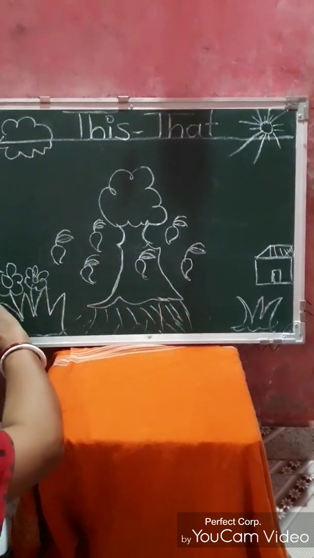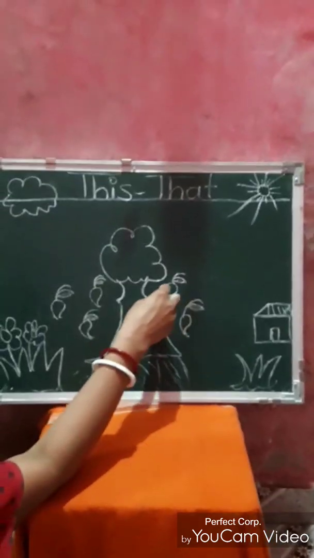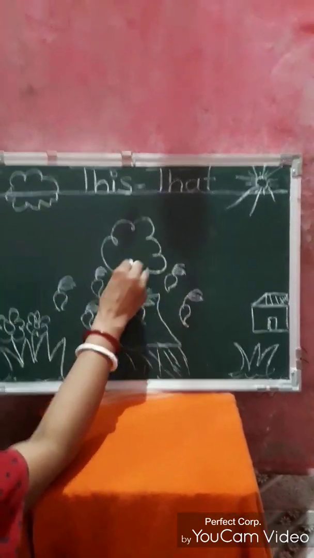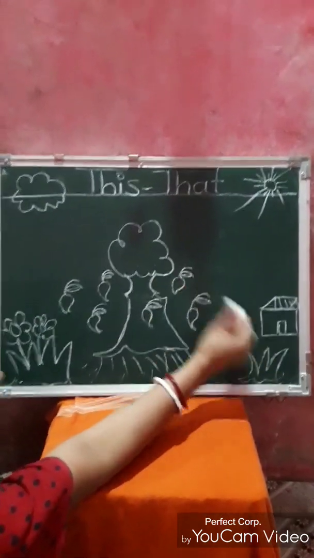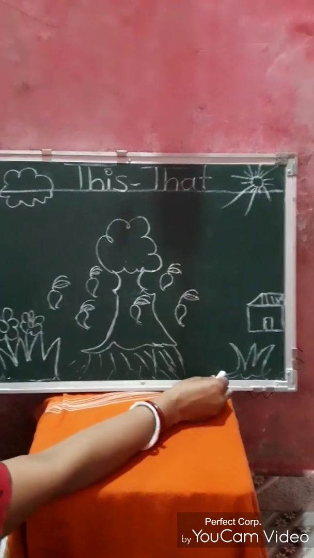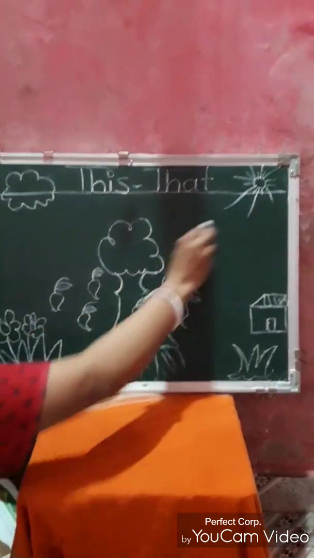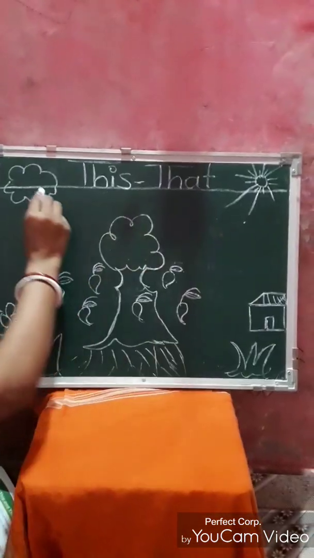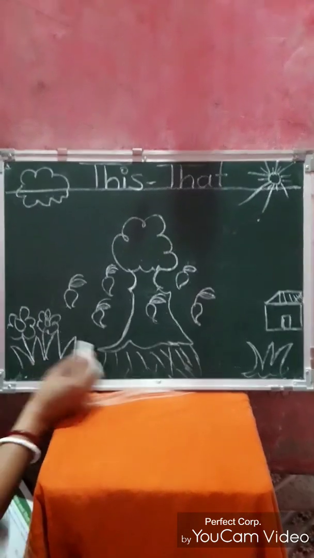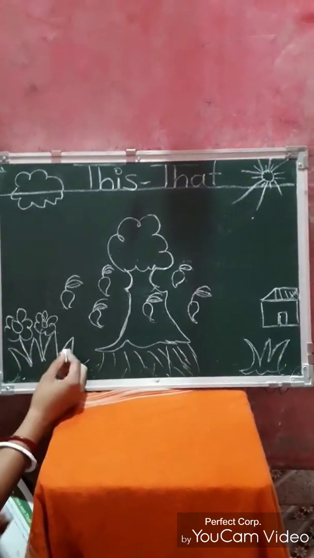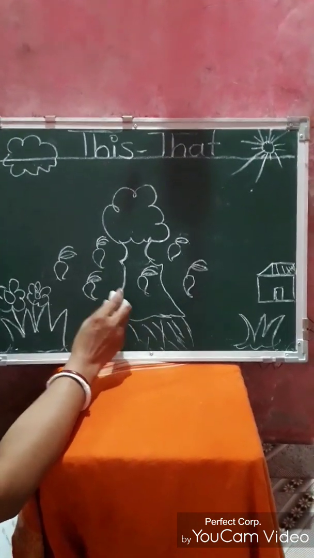By observation you come to know that all the mangoes are near the tree, but the house is far away from the tree, grass is also far away, the sun is even farther, the cloud is even farther, and these flowers are a little bit nearer to the tree.